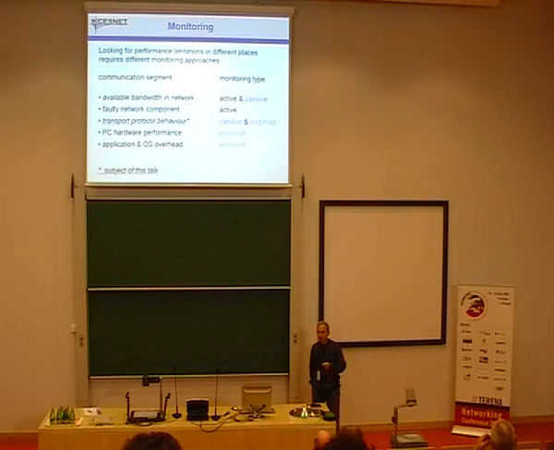When searching for the place where performance is limited, it is usually necessary to use a combination of monitoring tools: active monitoring, which sends test packets into the network, passive monitoring, which observes user data directly, and monitoring which looks at what is happening inside the end host station.